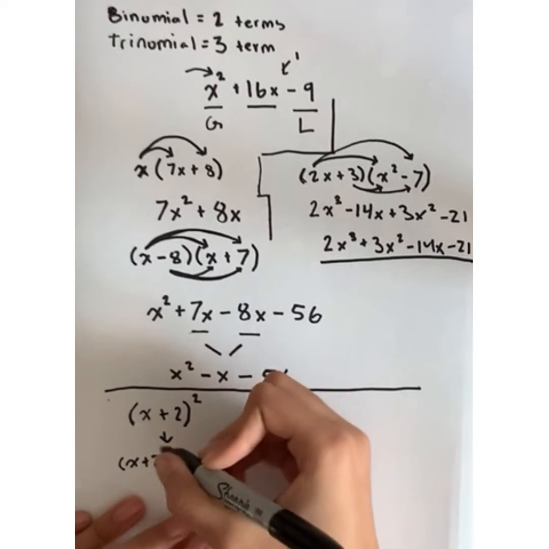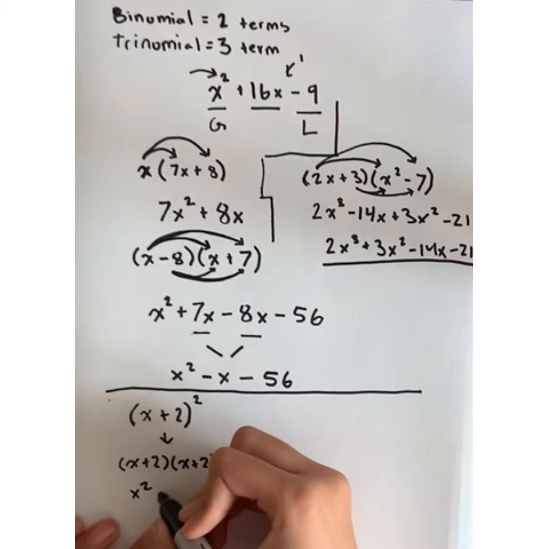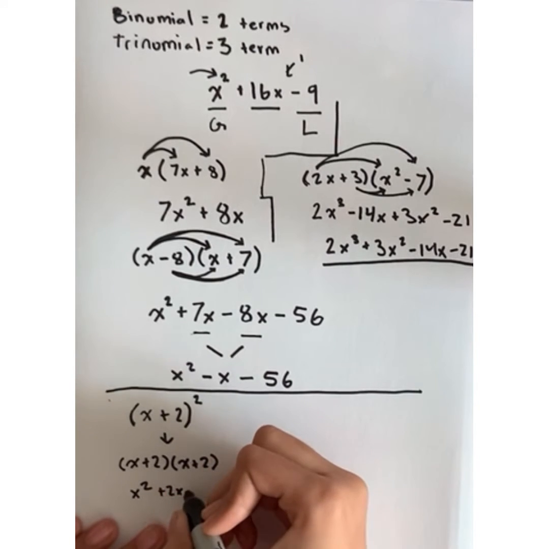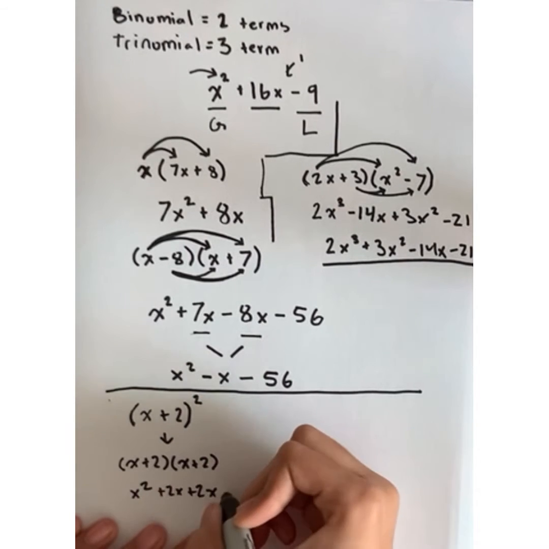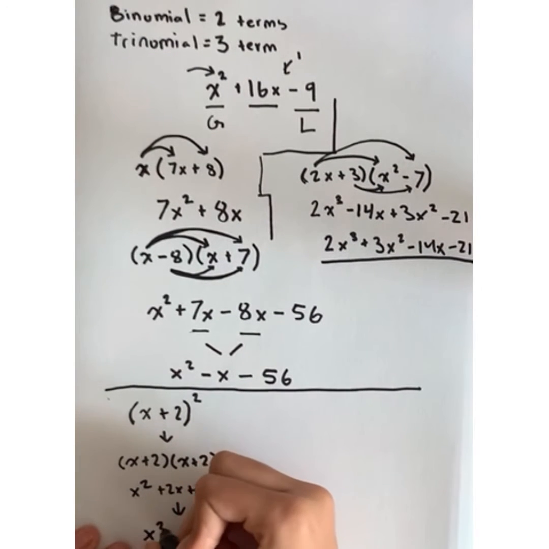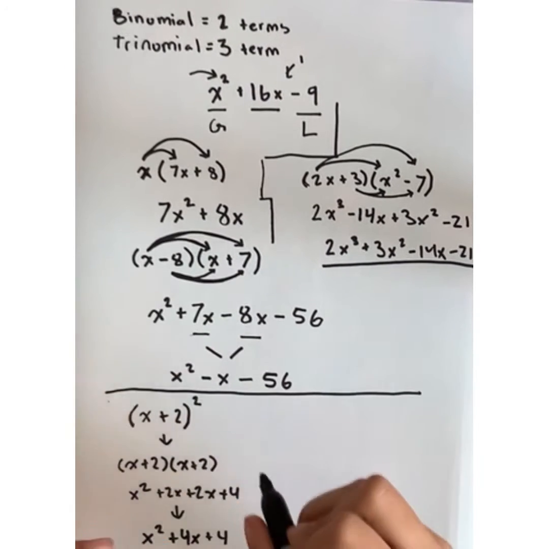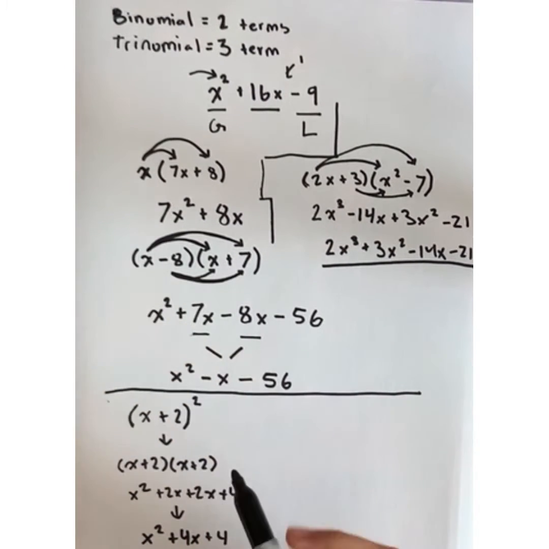And then you do the same thing: x times x equals x squared, x times 2 plus 2 times x gives 2x plus 2x, and plus 4, which simplifies to x squared plus 4x plus 4. So whenever you see something cubed, you multiply three times. I might go over how to do that in a different video, not today.